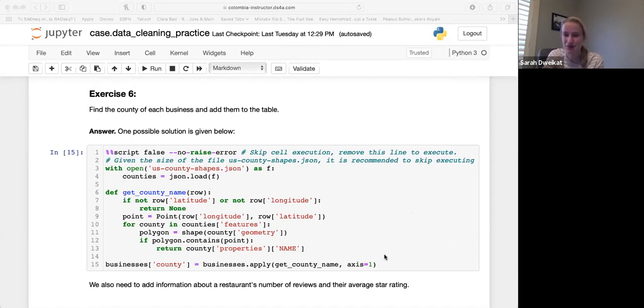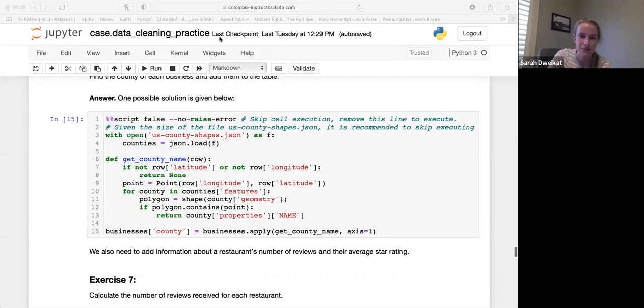I see someone ran it on their local machine, which is great, but since we're still going through the lecture, I don't want anyone's computer to crash or kernel to go down. So for now, let's leave this in place. This is just the code you would need.